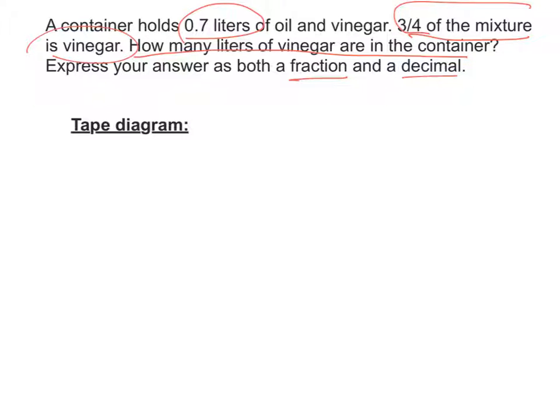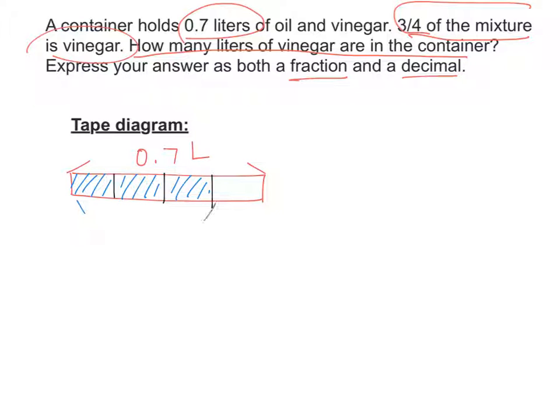Never mind, I'm not. Okay, maybe you have a piece of tape, and this represents the whole mixture. Altogether, how many liters are there in the mixture? 0.7 liters. Now that mixture is divided into 4 equal units, and 3/4 of it is vinegar, and 1/4, as we know, is oil, right?